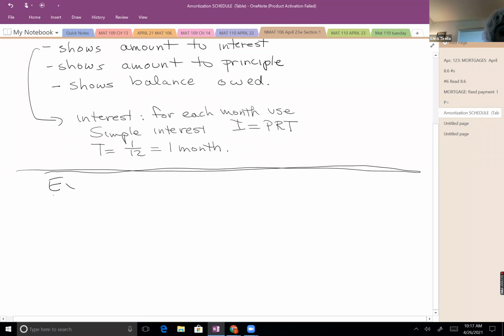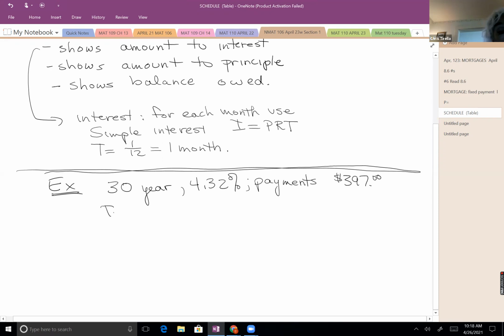So for an example, let's use that 30-year mortgage that we talked about with the 4.32% rate, where we figured our payments are $397 and our principal is $80,000. And that was where we had left off on Friday.